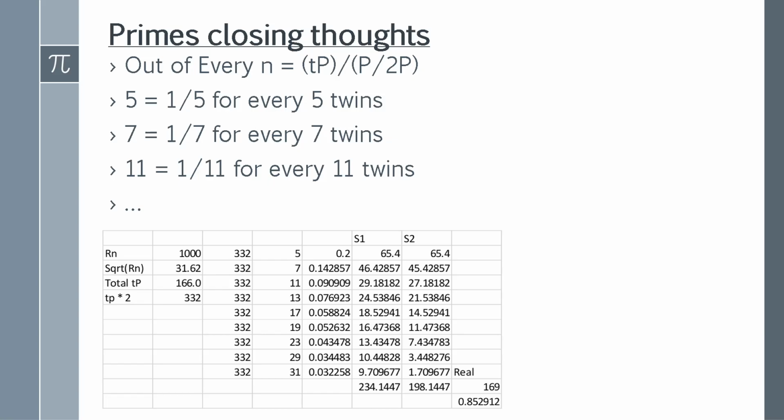I built this thing to look at the first 1,000. You have a total of 332 primes before you start eliminating them.